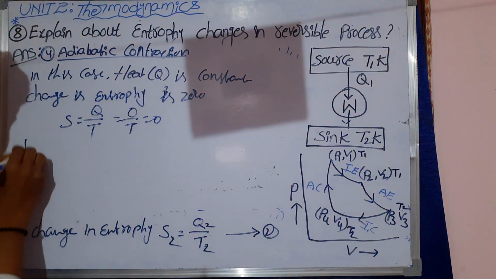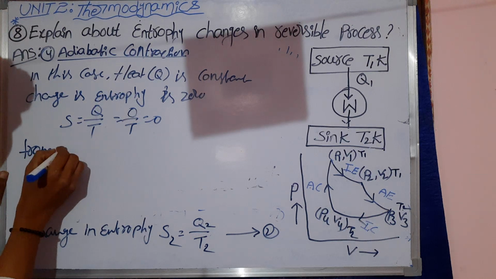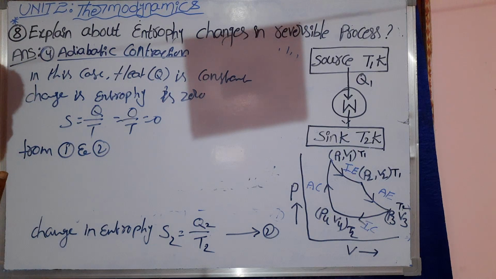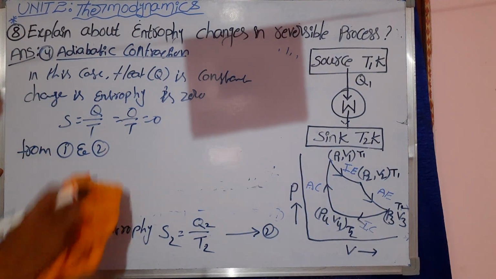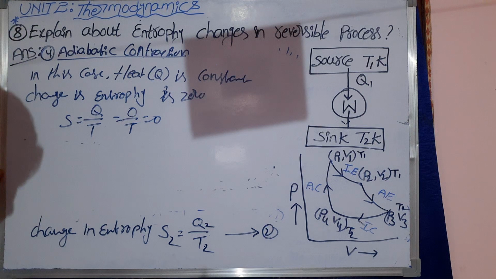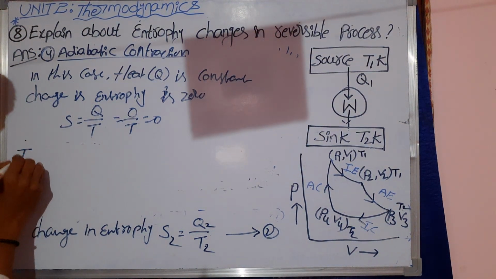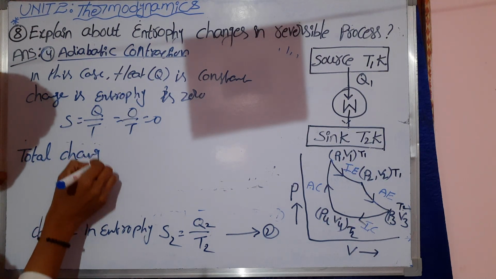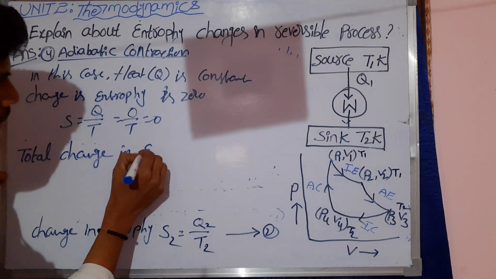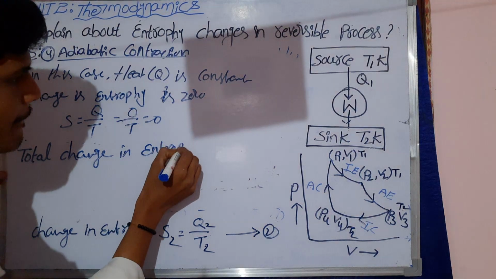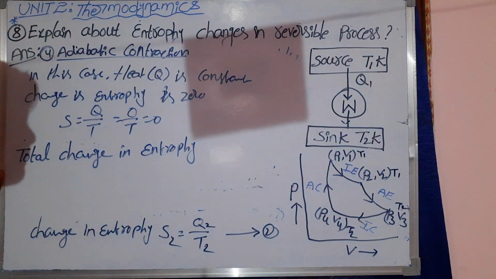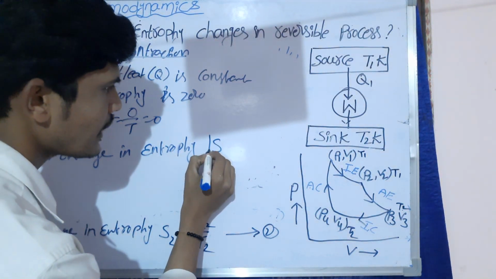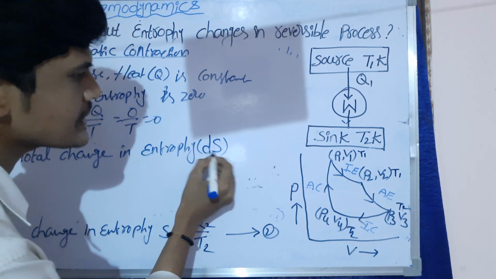From equation number 1 and 2, the total change in entropy: S means entropy, dS means change in entropy.